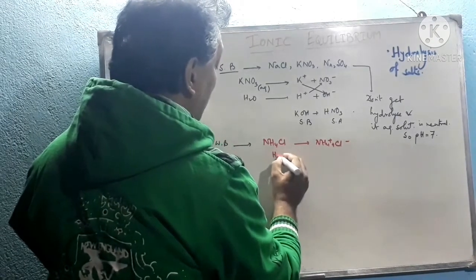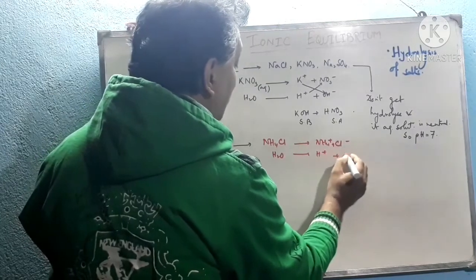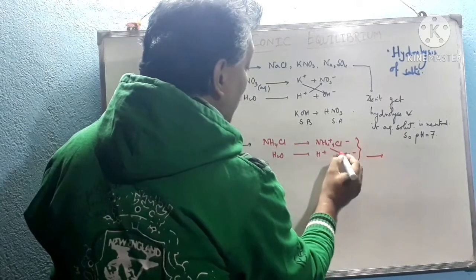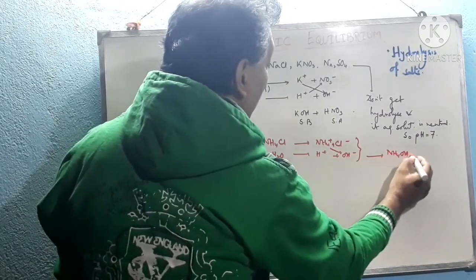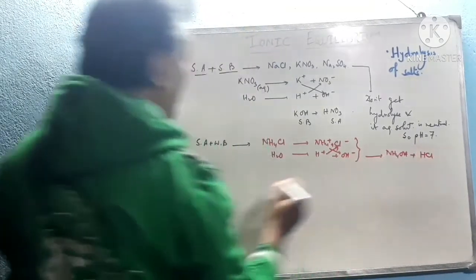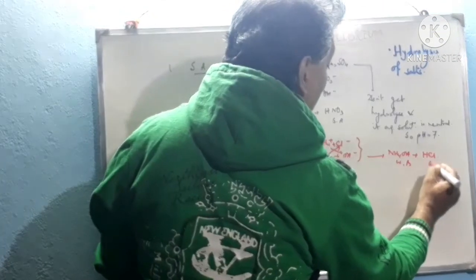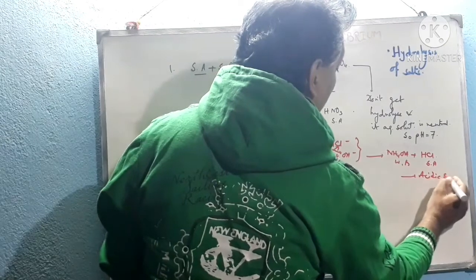Again water also dissociates to form H plus and OH minus. So NH4 plus combines with OH minus to form NH4OH, and H plus combines with Cl minus to form HCl. So it is a weak base and a strong acid, so the solution will be acidic.